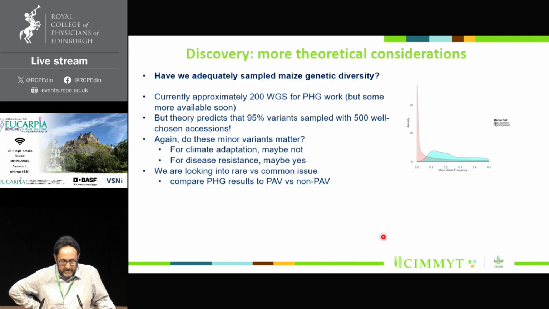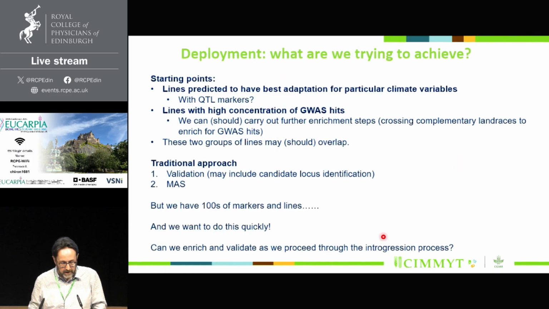Again, do these minor variants matter? Probably not for climate adaptation, but if you're looking for disease resistance, maybe yes. And so we're working on obtaining the 500 whole genome sequence lines, and then the PHG can be developed that has most of the variation in it and be extremely powerful. And we're looking into this common versus rare issue.